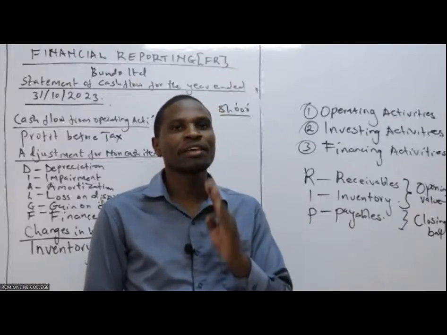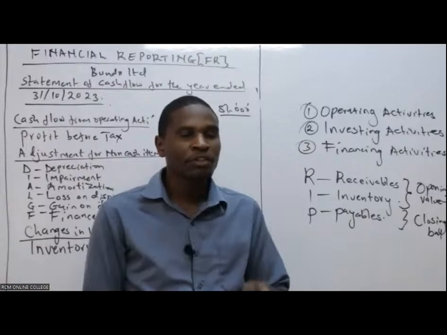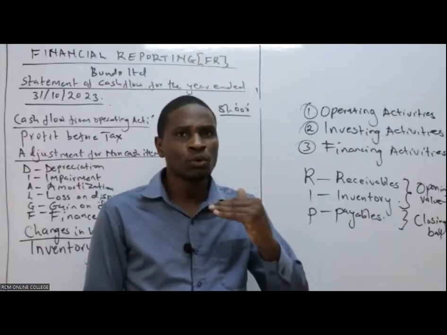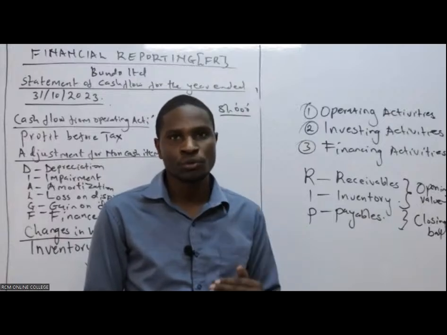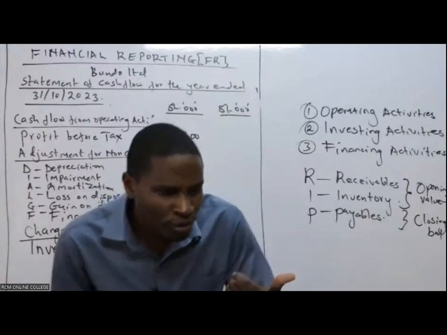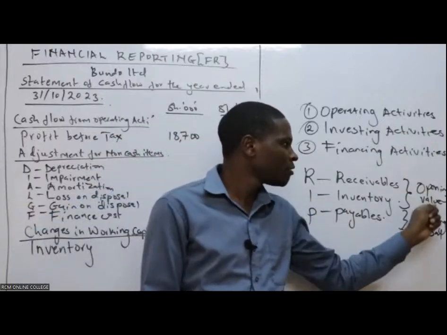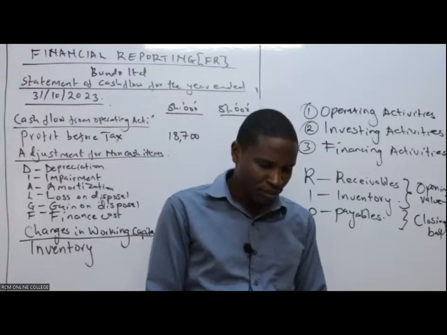But that is not the case. You can see the first column is for the current year. So it's always good to be very keen. So we've been told by Agnes that the opening balance was 5760.